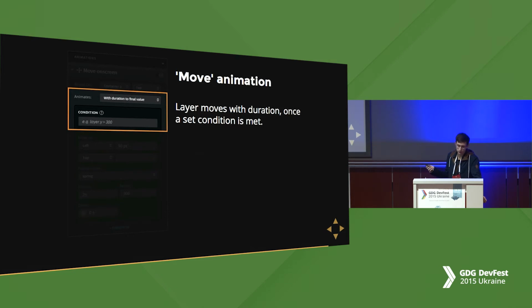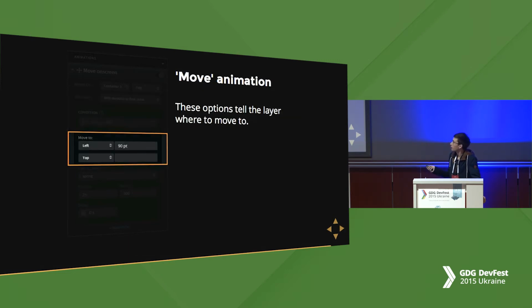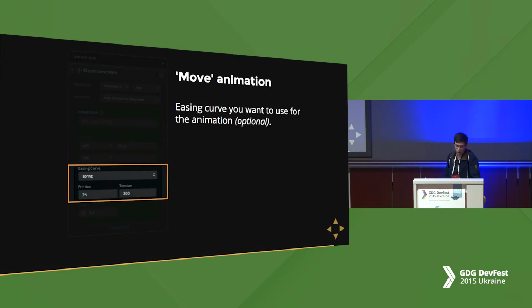Next we need to set which animation we wish to use and a condition when it will work. So we are not using any condition, but we are using animation with duration to a final value. We are animating our view from the initial position to the left, 90 points. And here's an optional parameter, an easing. Here we are using a spring easing with 2.5 seconds and 300 tension.